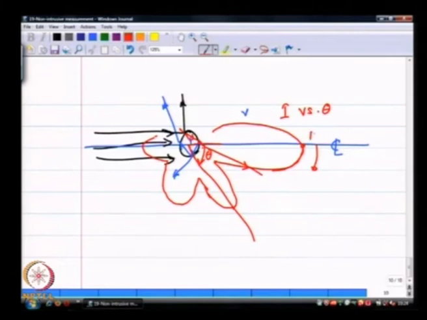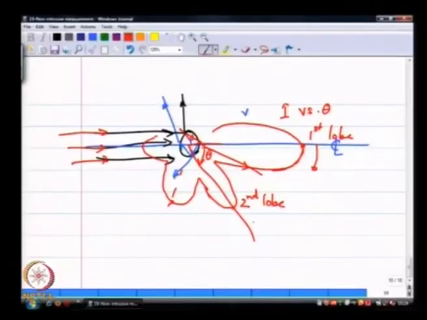This is called the first lobe and this is the second lobe of Mie scatter. There is also another lobe that follows from the backscatter mode, where light is scattered back towards the source, whereas the first and the second lobe are more forward scatter lobes.